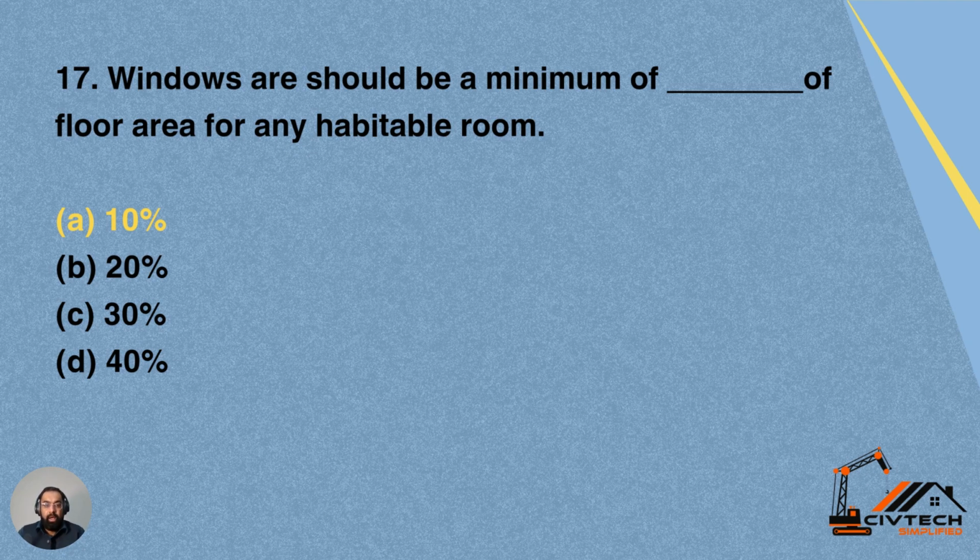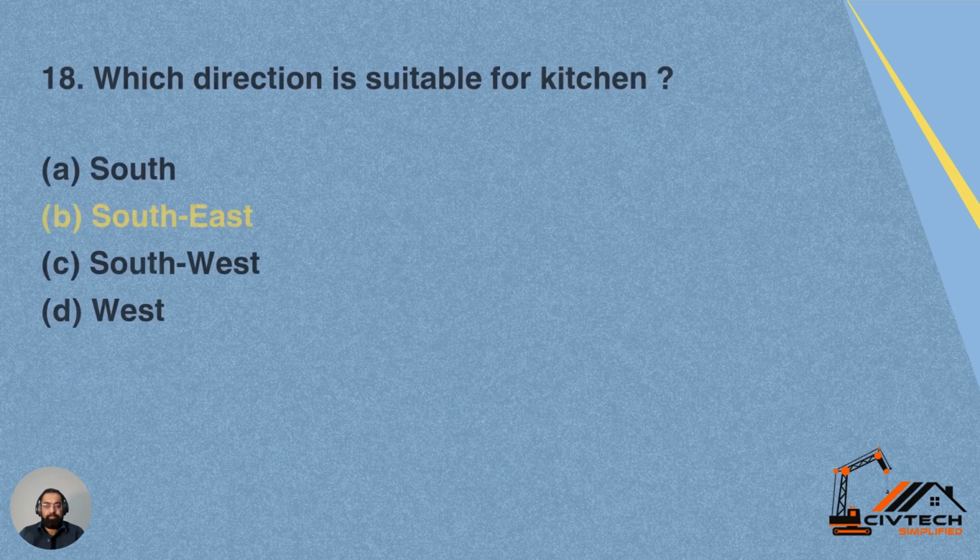So, how much area of the floor should be allocated for window opening? Option A, 10% of the floor area, B 20%, C 30%, D 40%. Option A is correct for this question, which is 10%. So windows constitute a minimum of 10% of the floor area of any habitable room.